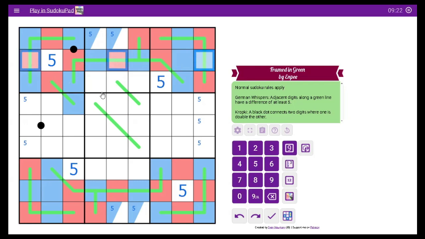That can't be 4 or 6. This can't be 4 or 6 or this. So that can't be 4 or 6. That can't be 4 or 6. So there's not many options for which 4 and 6 can exist.